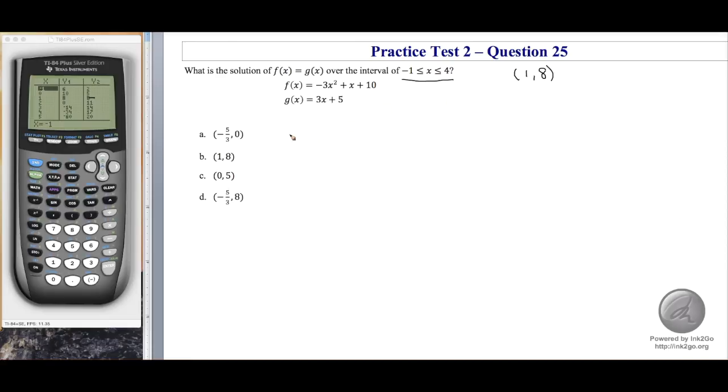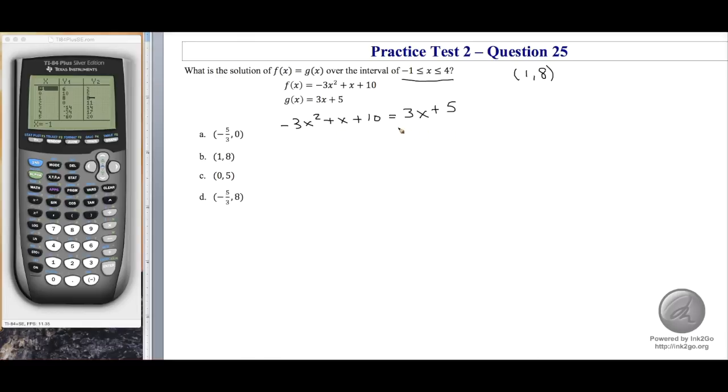Now let's solve this algebraically. First, set f of x equal to g of x. Since we have a quadratic equation, we're going to set this equal to 0.